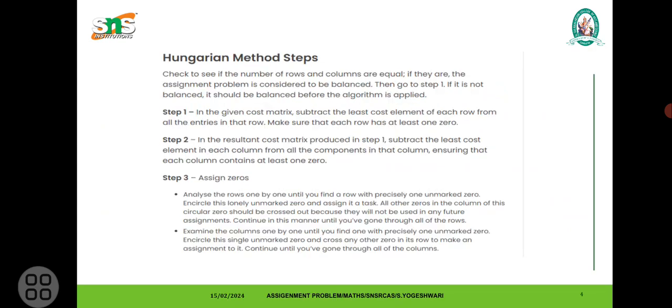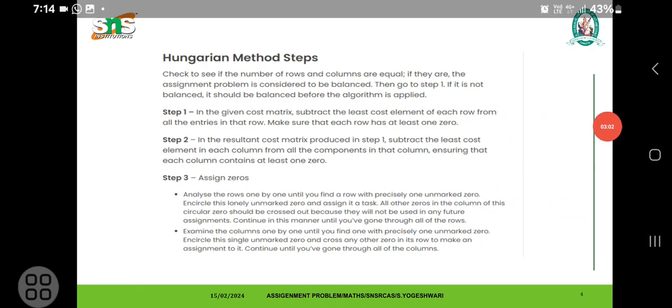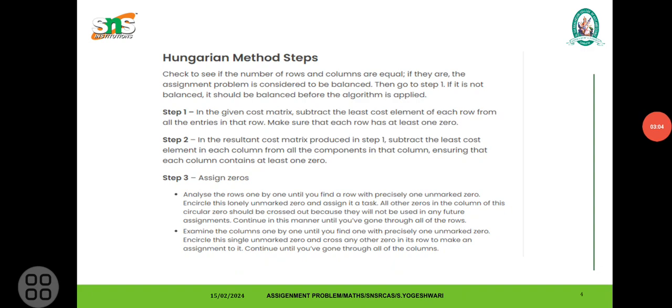Hungarian method steps. Step 1: In the given cost matrix, subtract the least cost element of each row from all the entries of that row. Make sure that each row has at least one zero.